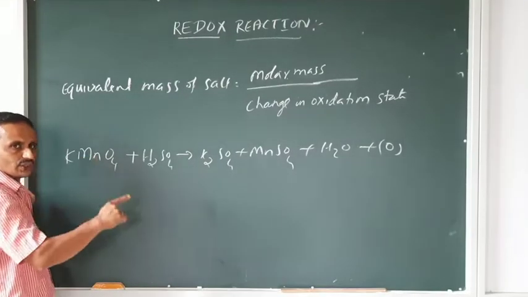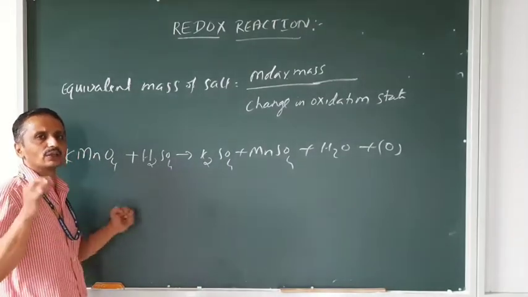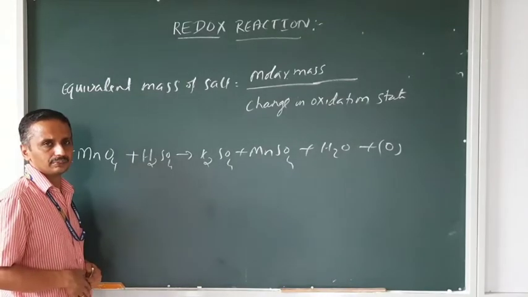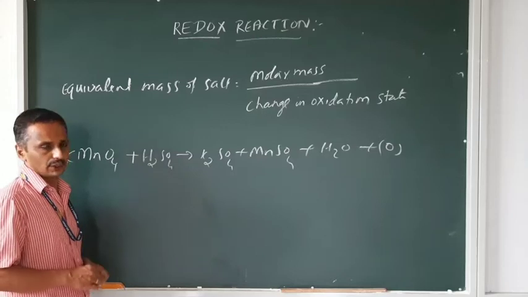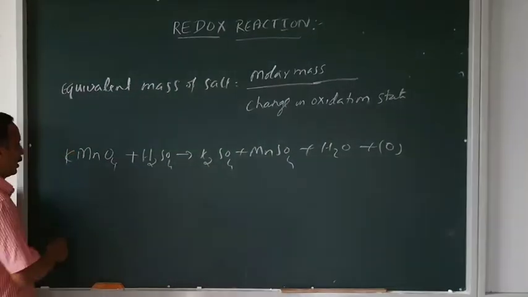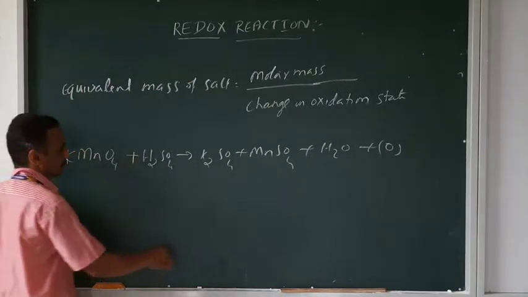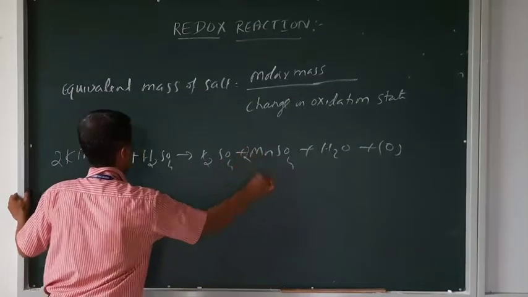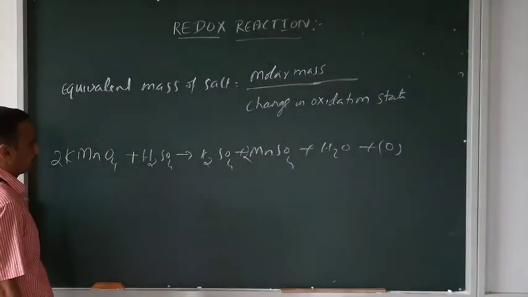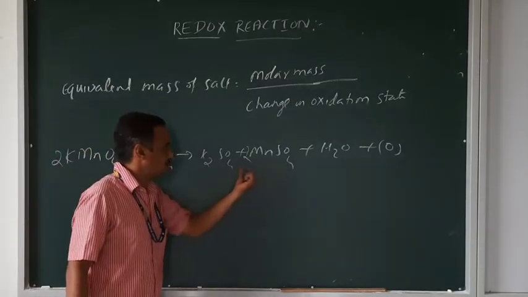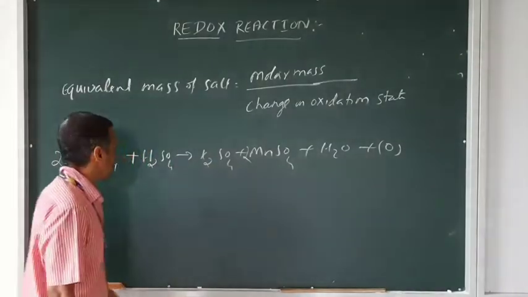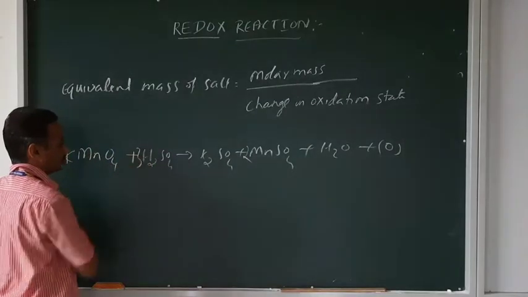Because anything which supplies oxygen is a good oxidizing agent, and anything which can take oxygen is a better reducing agent. If the balancing is done, it is 2KMnO4. Now see here, 2 sulfate, 1 more sulfate, 3 sulfate, so I will write 3H2SO4.